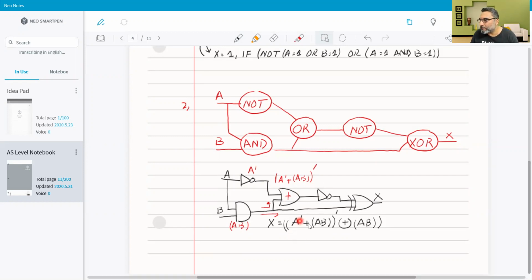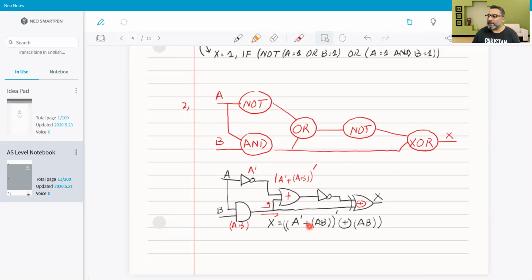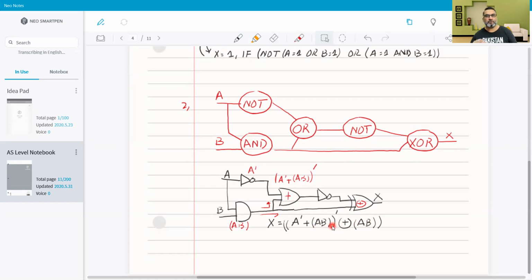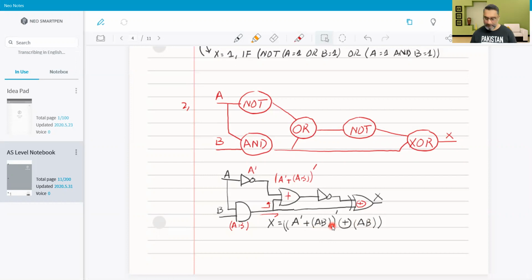There we have A naught plus AB whole naught, and then when that passes through exclusive OR, you can see that this AB is being used over here as well as it is going directly into exclusive OR. So this is being used twice. There is another piece of advice: whenever you see two same inputs, it means that you have to draw it once and use it more than once, as many times as it appears.